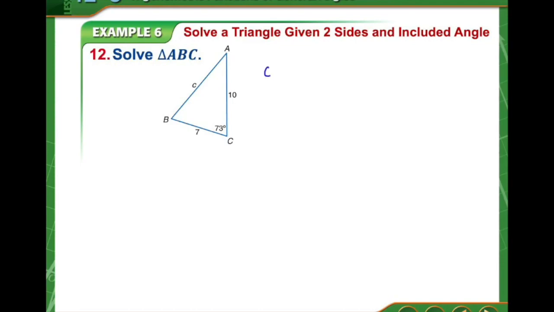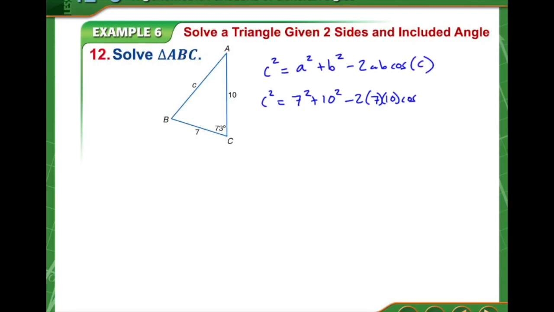So little c squared is going to be equal to, so the base form of this is one side squared is equal to the sum of the squares of the other sides, so a squared plus b squared minus 2 times a and b times cosine of angle C. So we have angle C, we have side A and B, we just need to find side C. So C squared is equal to 7 squared plus 10 squared minus 2 times 7 times 10 times cosine of angle C, which in this case is the 73.